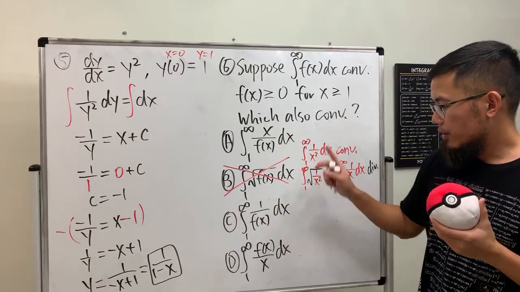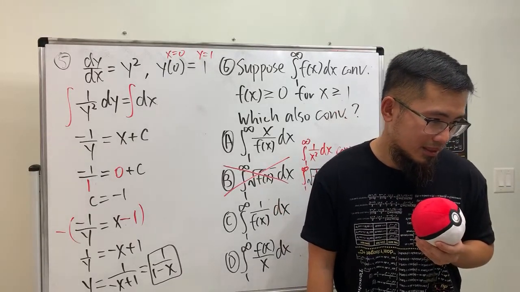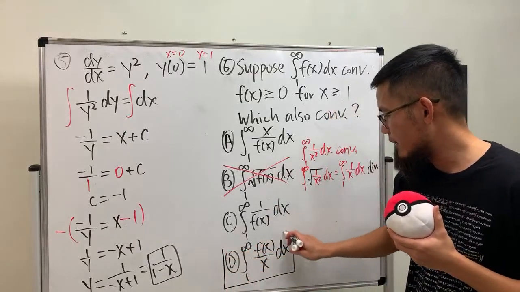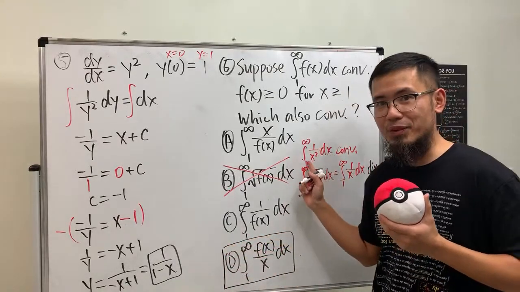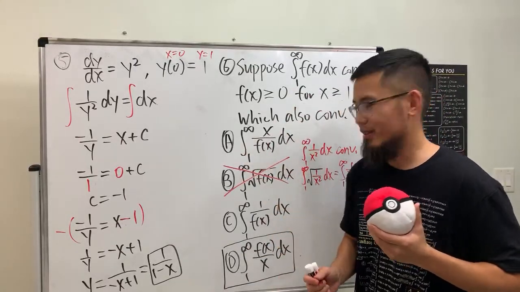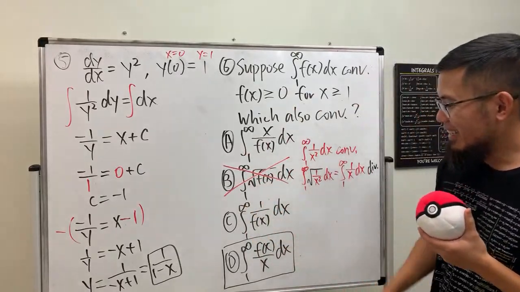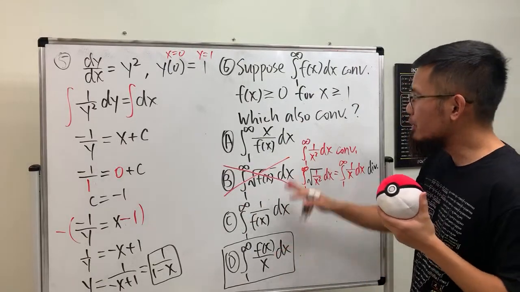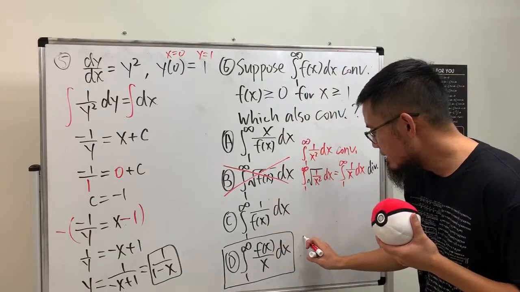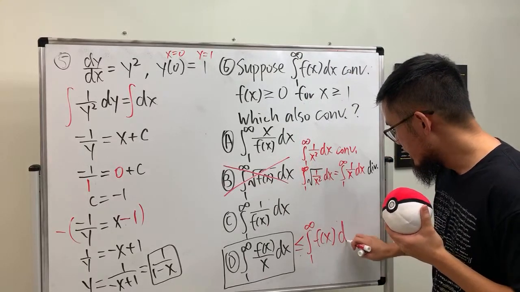Well, we have A, C, and D. Which one? It's not C, it's actually D. D is the answer. If you test out with 1 over x squared and put it in C, you get x squared. The integral going from 1 to infinity of x squared, of course, diverges, so no good. You can legitimately show that the integral of f of x over x is less than or equal to the integral from 1 to infinity of f of x dx.